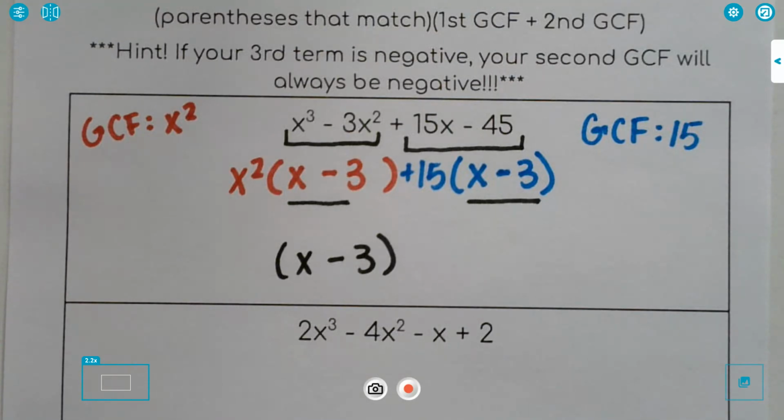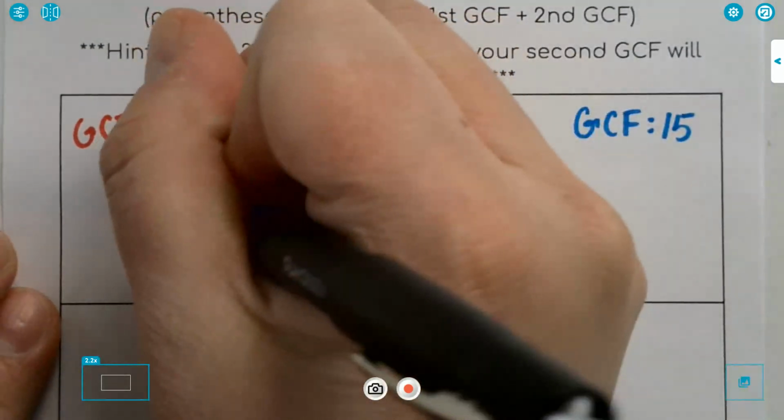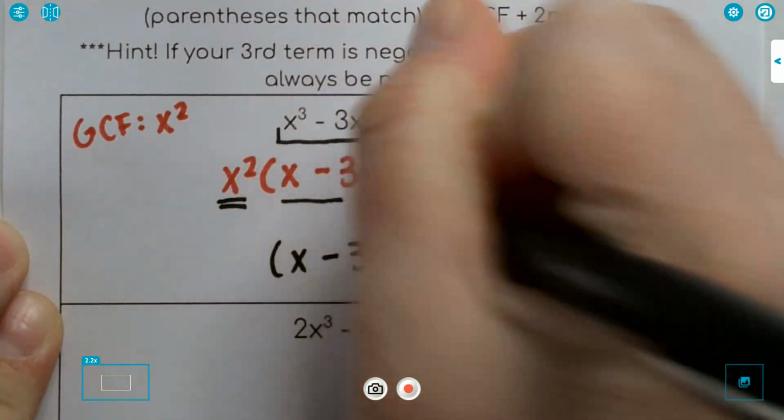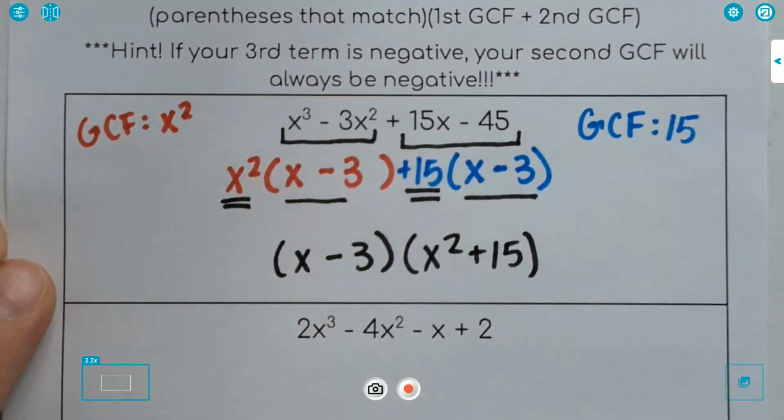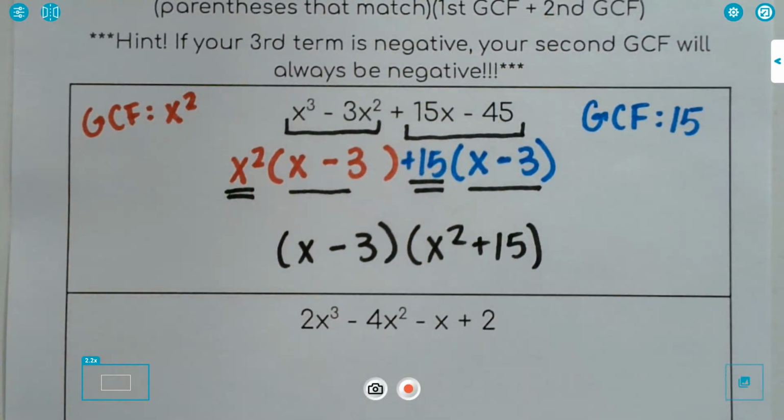And then the other part of our answer is going to be this x squared and this 15. They are going to come together to make another term, or another binomial. So x squared plus 15.